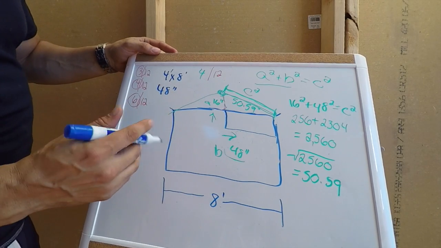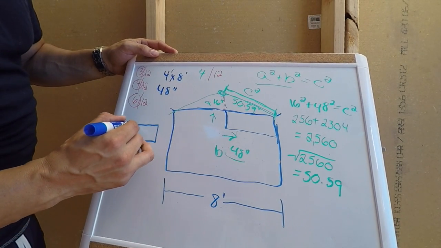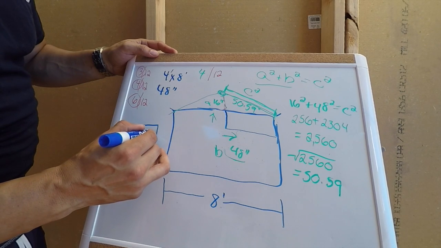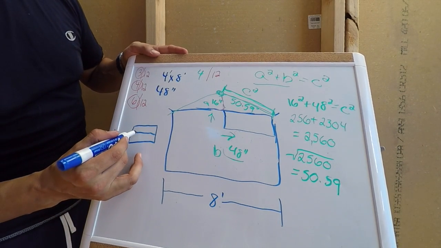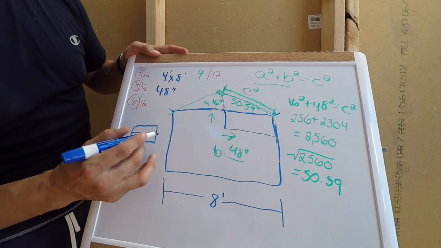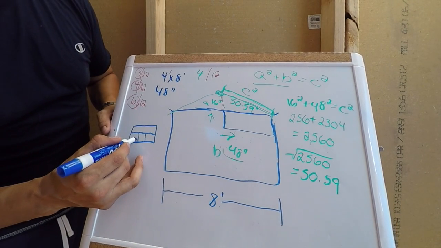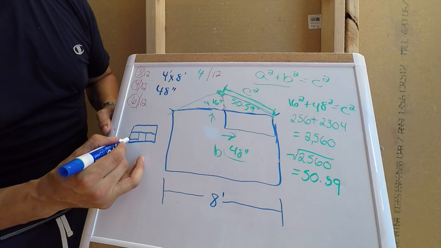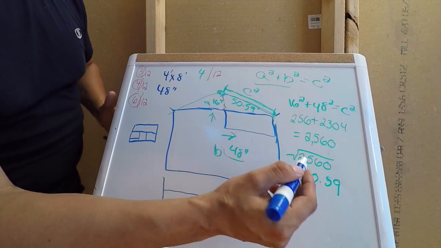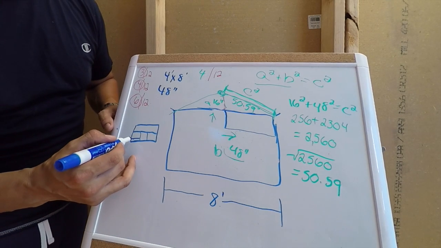If you're laying your plywood, say this is the top of your roof, here's your ridge board, and you're laying your plywood sideways, going this way, 48 inches is going to be cut off somewhere about right here with an extra 2.59 inches left.